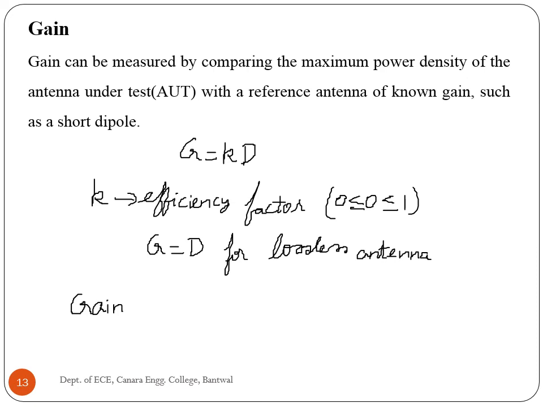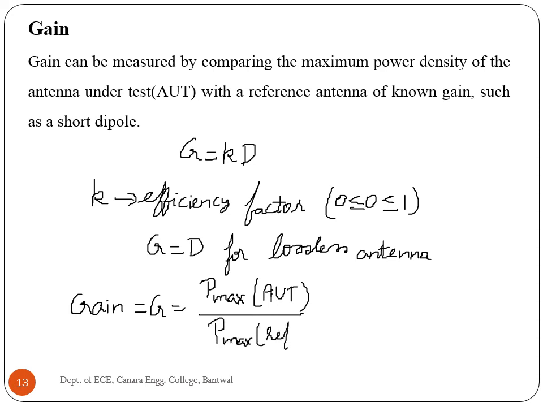Gain is equal to the maximum power of the antenna under test divided by the maximum power of the reference antenna, into the gain of the reference antenna.